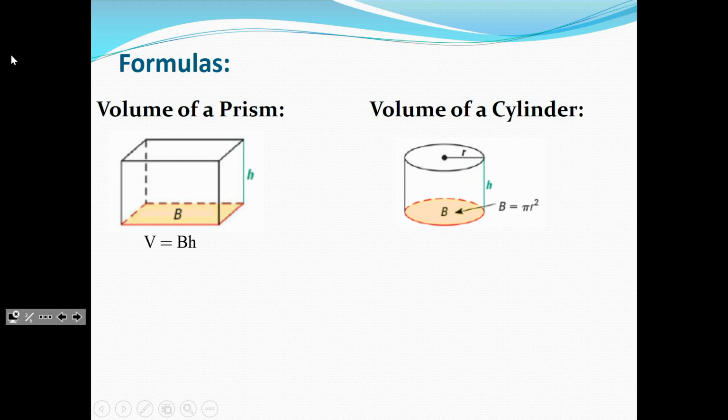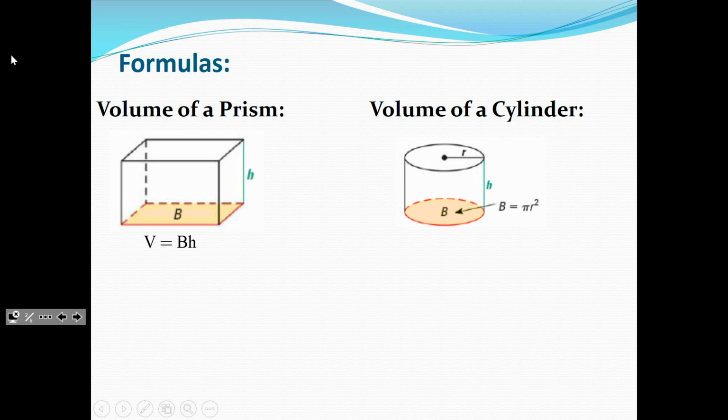For my first formula, I'm going to have volume is equal to base area times height. And the capital B, remember, stands for what? Base what? Yeah.